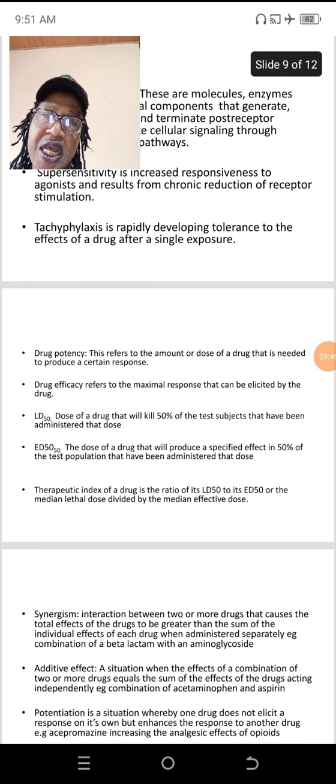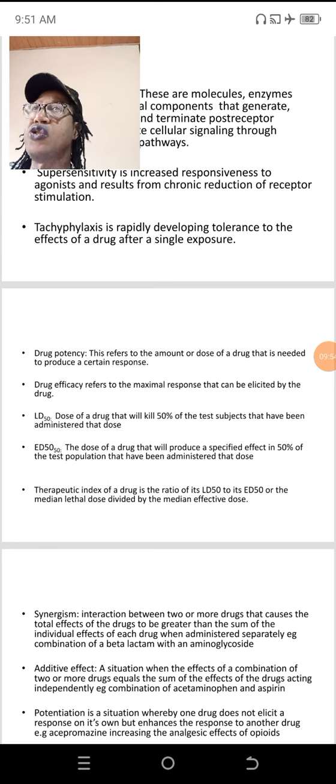Therapeutic index, on the other hand, is the ratio of the LD50 of a drug to its ED50, or it can also be defined as the median lethal dose divided by the median effective dose.